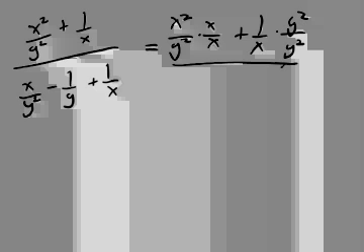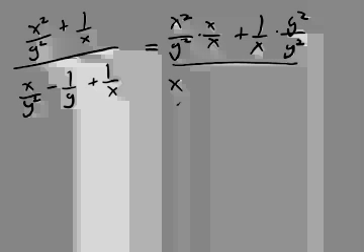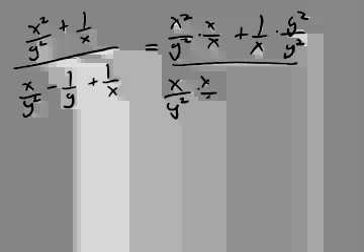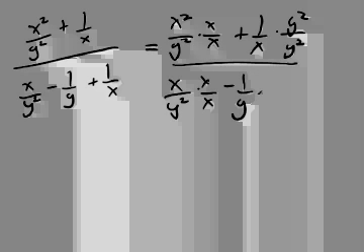X squared over y squared will multiply by x over x, and 1 over x will multiply by y squared over y squared. x over y squared will multiply by x over x. Negative 1 over y we will multiply by xy over xy.